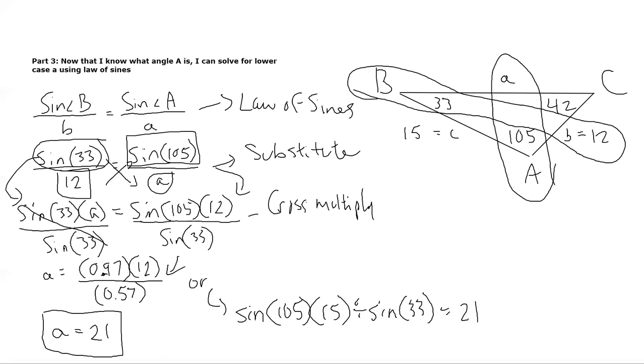Or if you're using the Desmos calculator, right, you're going to want to put sine of 105 in parentheses, close them, open them again, put 15, close them, divided by sine of 33. Make sure there is parentheses around this, double parentheses, because otherwise, if you don't put parentheses, you're going to get something different.